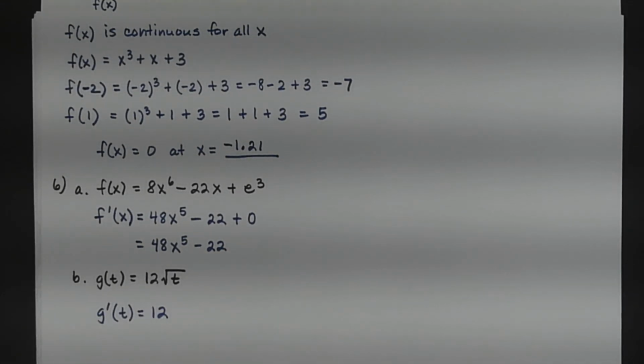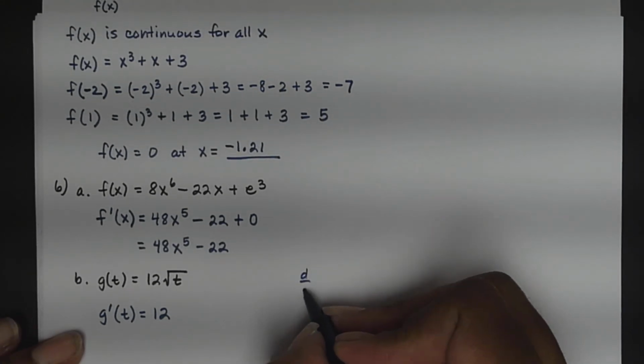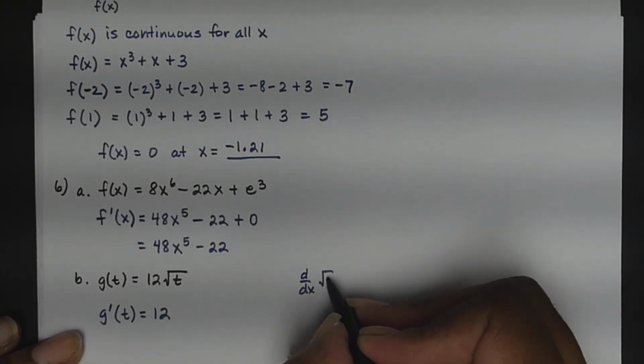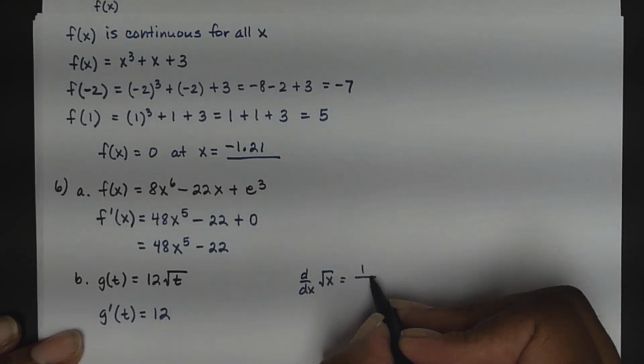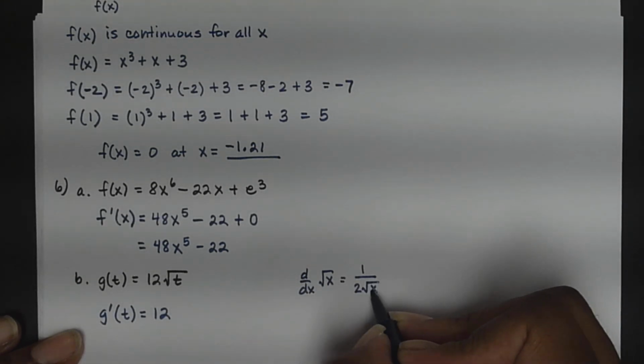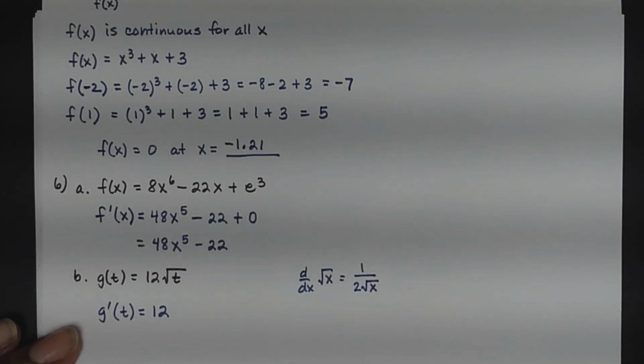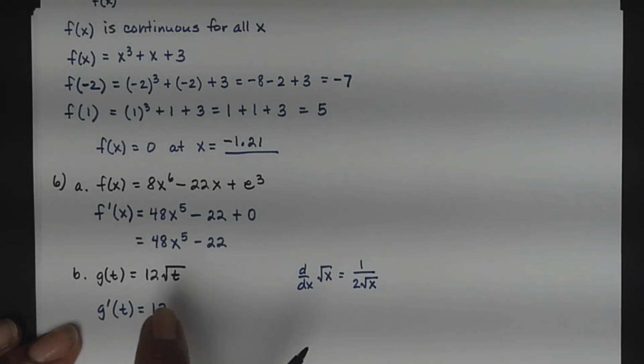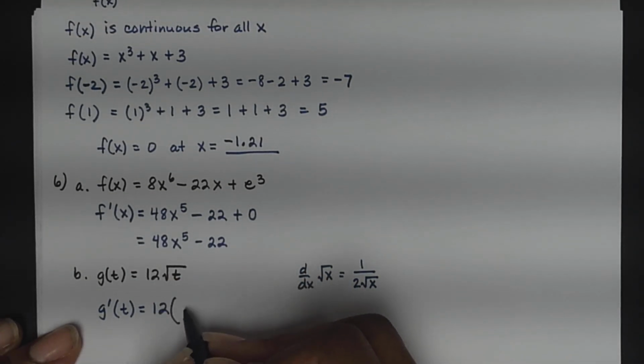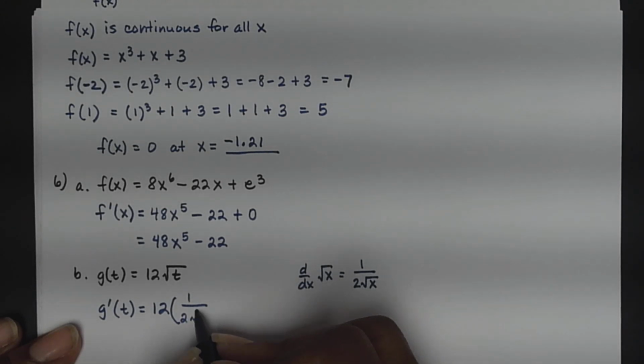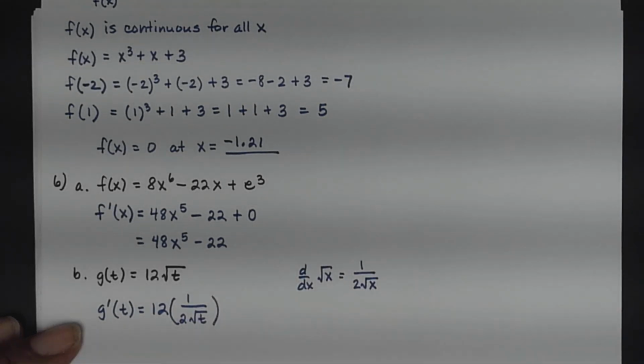Now, I did talk about this in class where if you take the derivative with respect to x of the square root of x, that's going to be 1 over 2 square root of x. And since I have the t, the derivative of the square root of t would just be 1 over 2 times the square root of t.